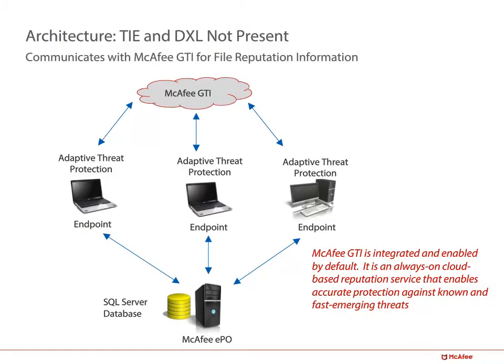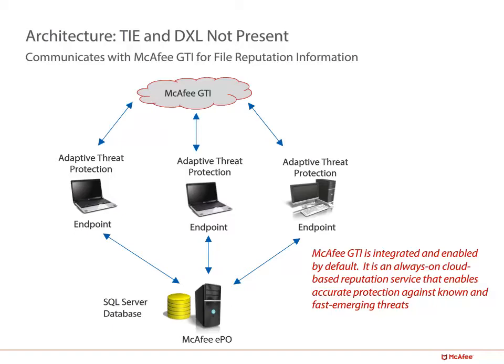In the architecture where TIE and DXL are not present, adaptive threat protection communicates with the McAfee GTI for the file reputation information. Based on the activity from millions of sensors worldwide and an extensive research team, McAfee Labs publishes timely, relevant threat activity via the McAfee GTI.